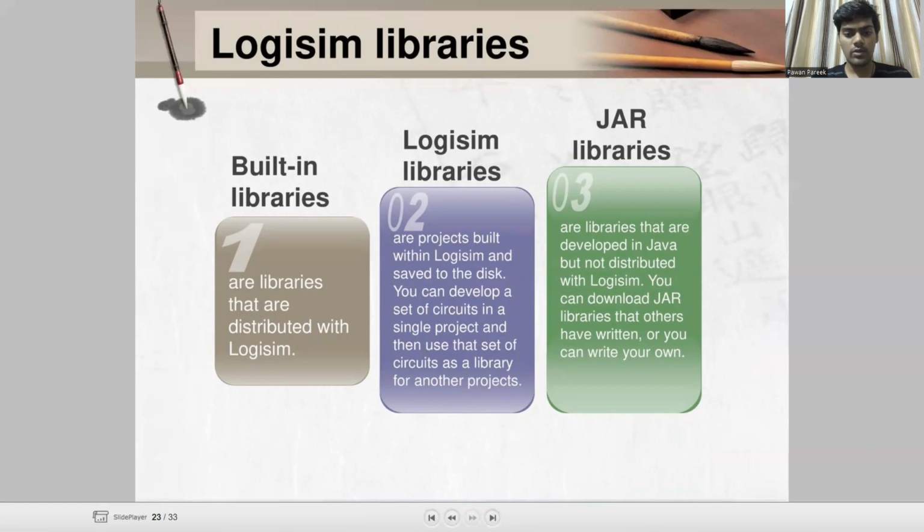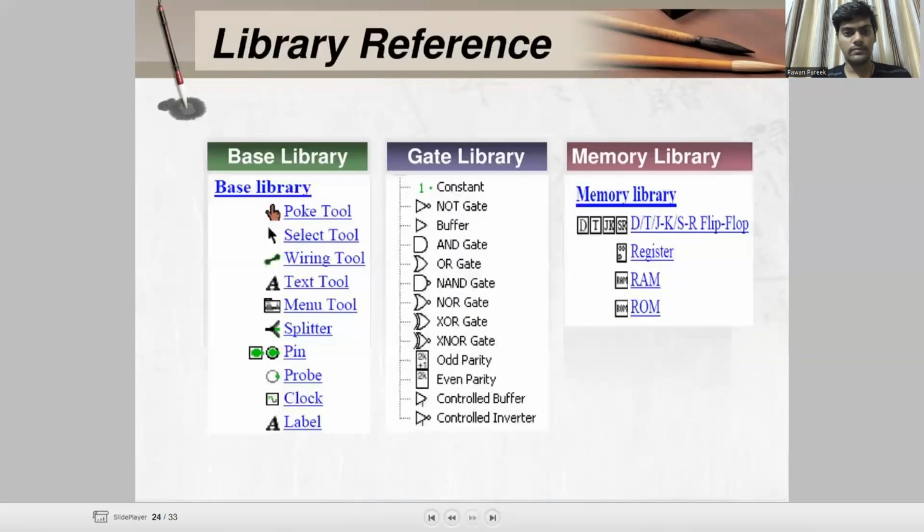You can develop a set of circuits in a single project and then use the set of circuits as a library for other projects. Java libraries are libraries that are developed in Java but not distributed with Logisim. You can download Java libraries that others have written, or you can write your own.